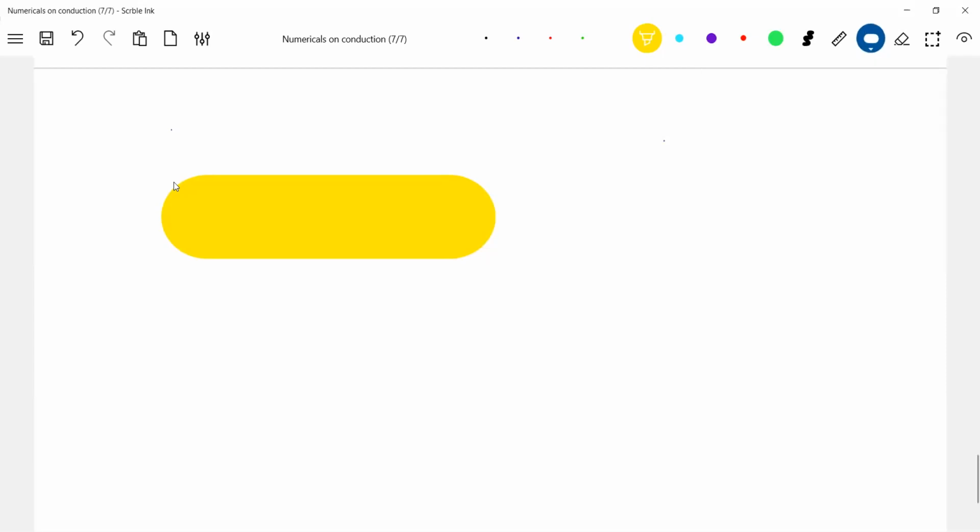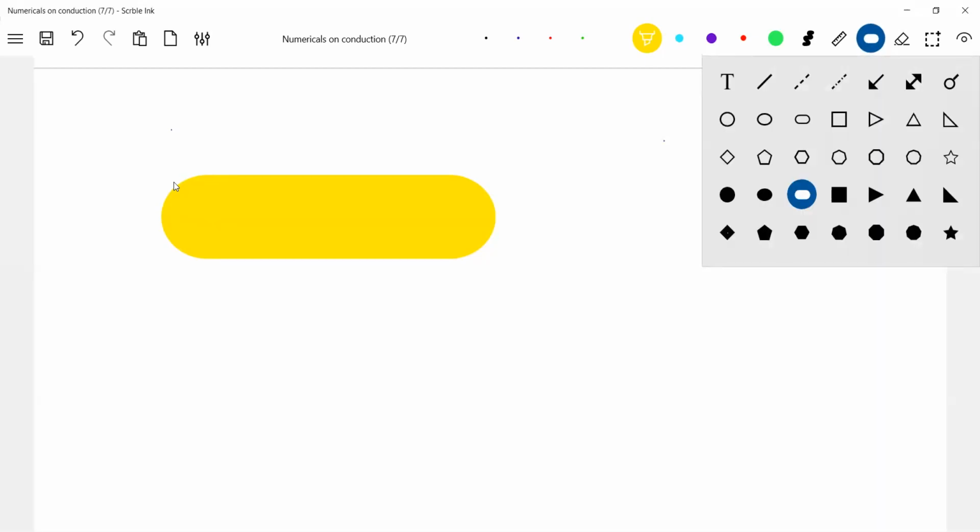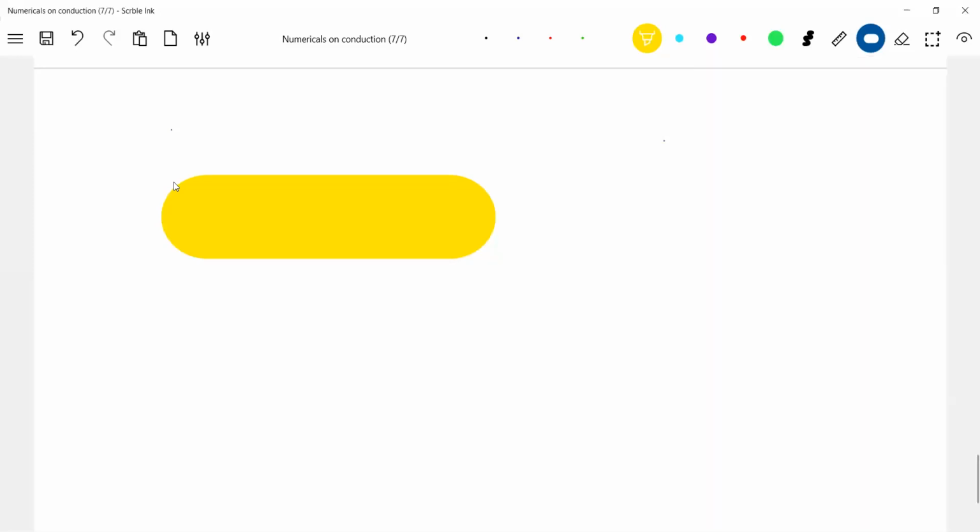This is coming capsule, cylinder, no there. I'll draw it. No problem.